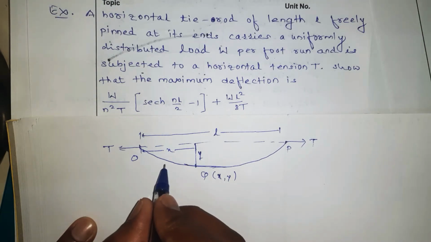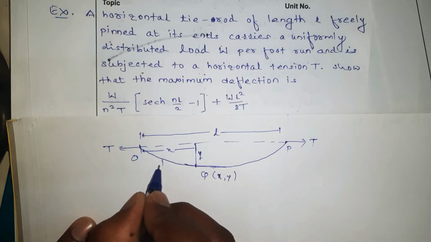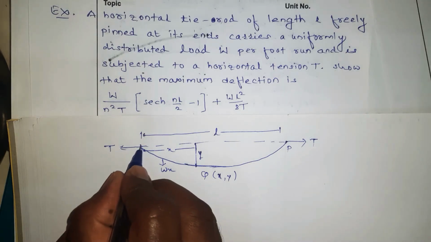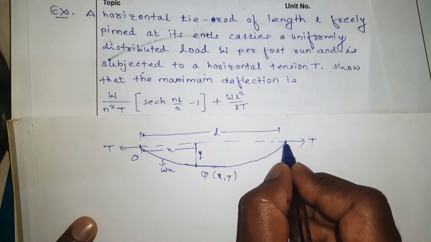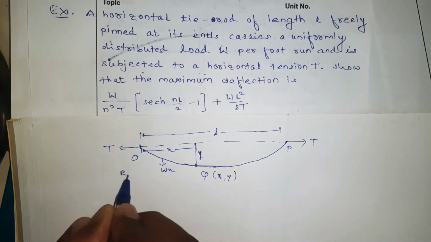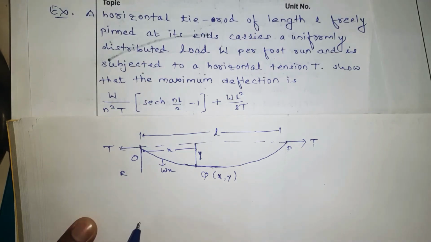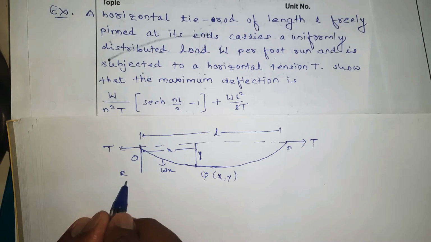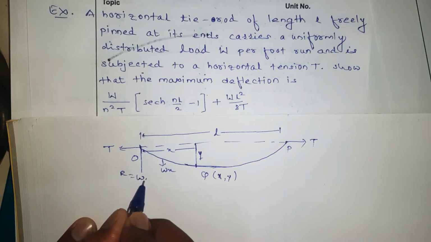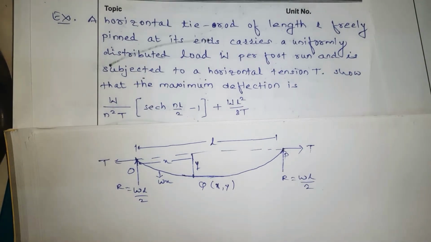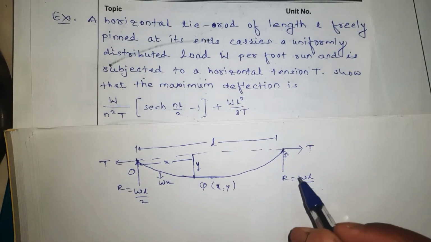So here I get the weight Wx, W into x, and now I get a reaction at this point and a reaction at the other point. We call the reaction R. If the length is L, then the reaction R is equal to WL upon 2. The same reaction WL upon 2 is at point P also.